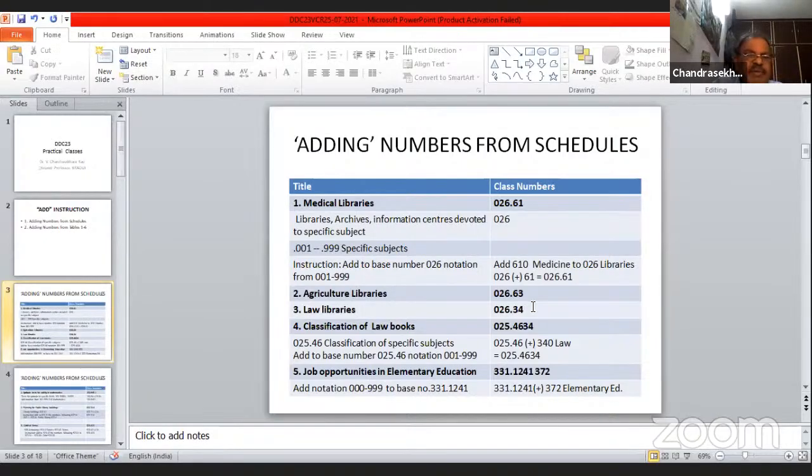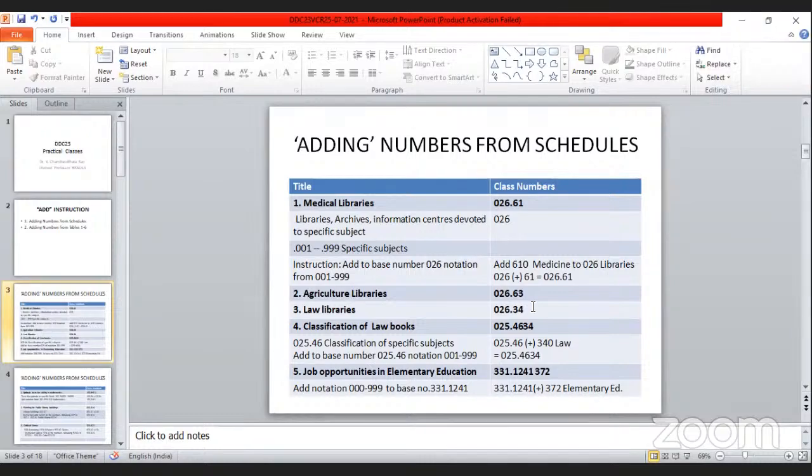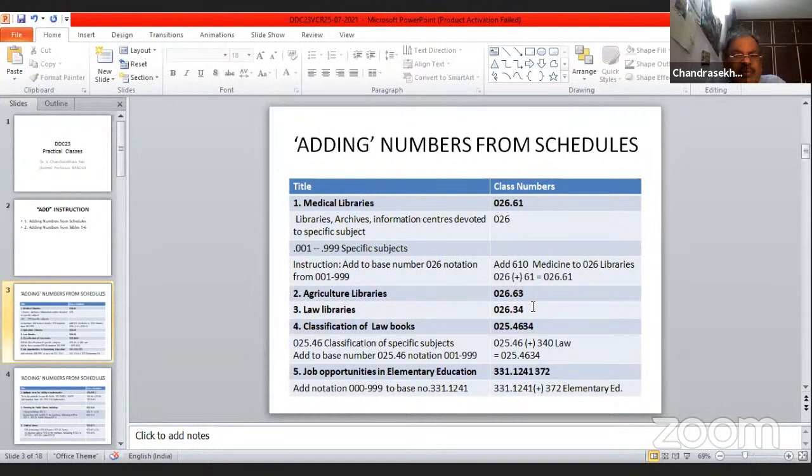So, classification of law books. Here the main one is library classification. Library classification is given under 025.46. Under library science in the schedules, you come across library operations, I think 027.